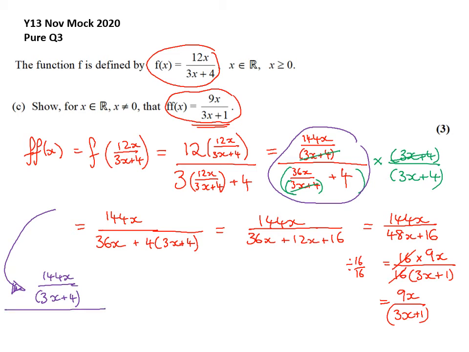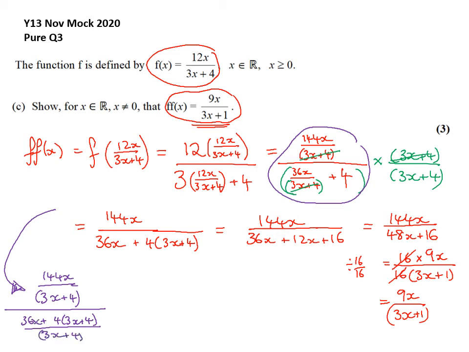You need to combine the denominator into a fraction. 36x plus 4 times 3x plus 4, over, sorry, 36x there, over 3x plus 4.